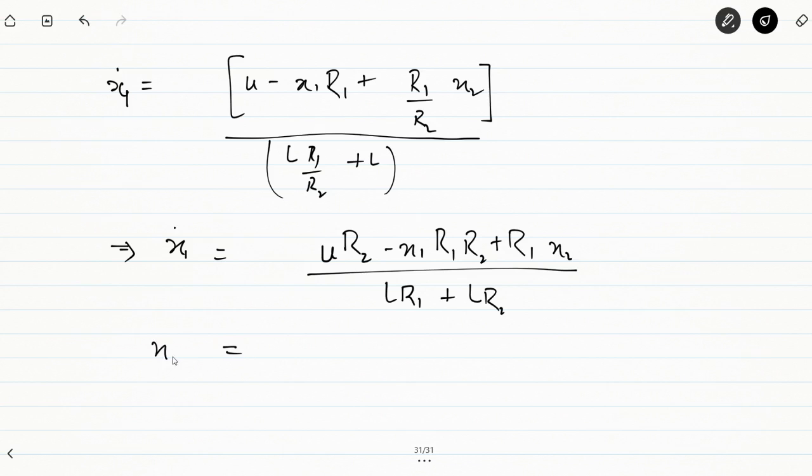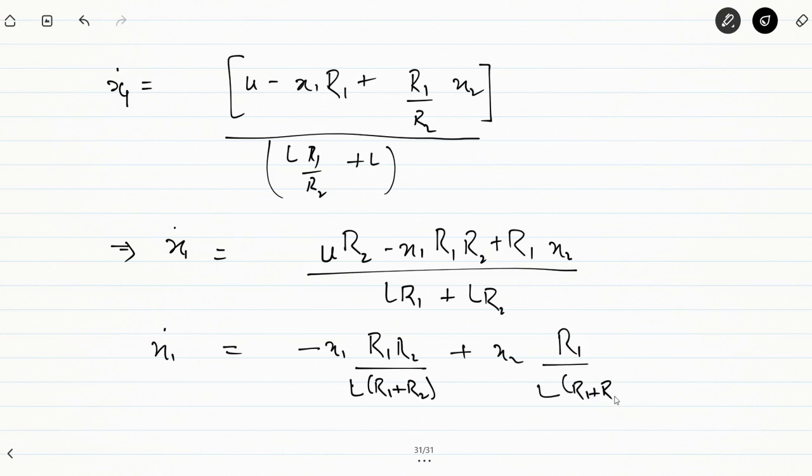Or you can put this as x1 dot is equal to minus x1 R1 R2 divided by L(R1 plus R2) plus x2 R1 by L(R1 plus R2) plus u R2 by L(R1 plus R2).